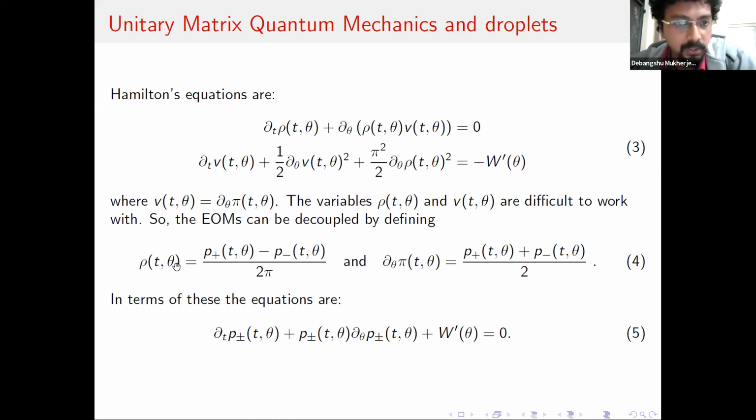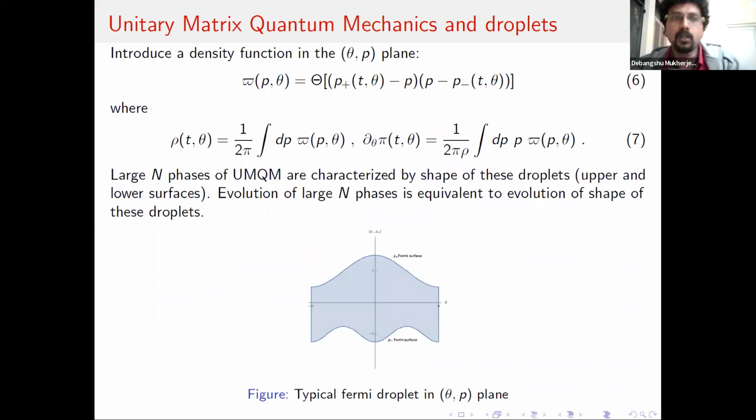But you can define two new variables, p plus and p minus, which are connected to rho and the derivative of pi in this manner. This decouples the two equations. It's still nonlinear, but at least they're decoupled, so we get rid of at least one order of complexity.